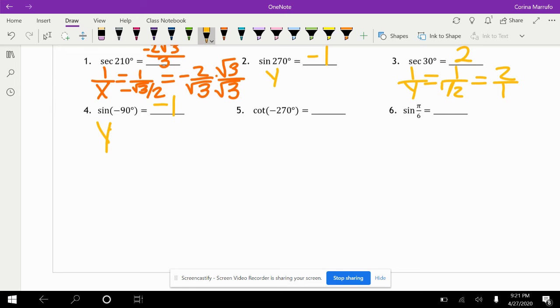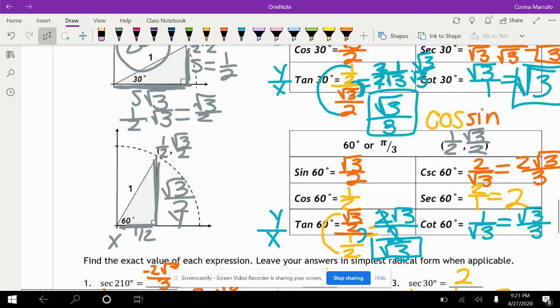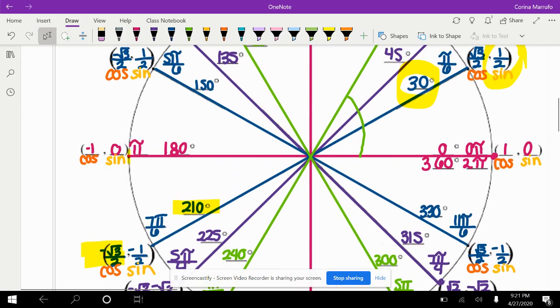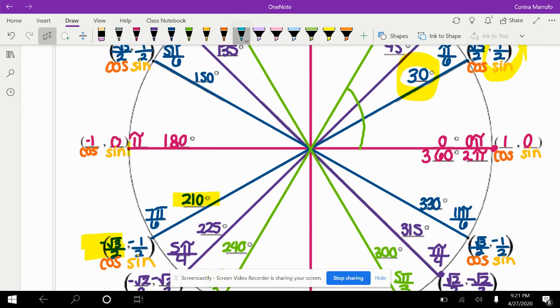Okay, cotangent. Cotangent is your x value divided by your y value. And it is negative 270 degrees. So we look it up. Here, we're going to go backwards this way. Negative 270 would end up here.